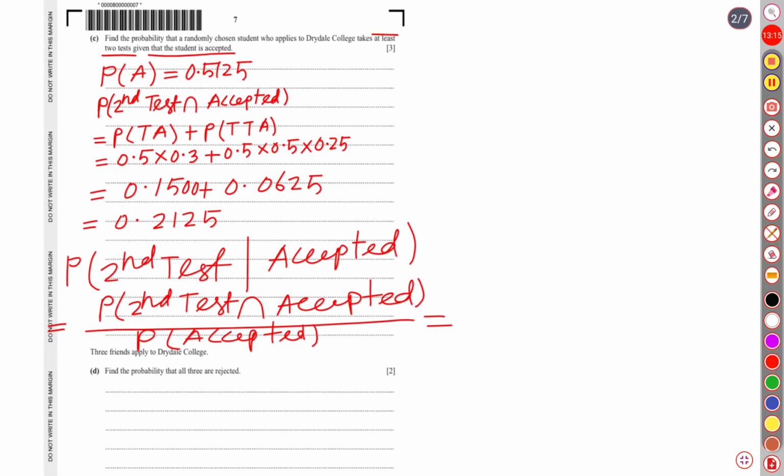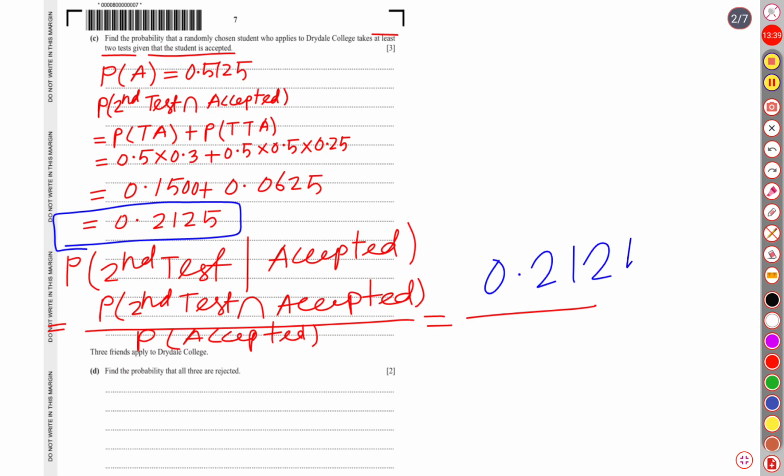When second test intersection accepted is how much? We have got it: 0.2125. Second test intersected by accepted is 0.2125.